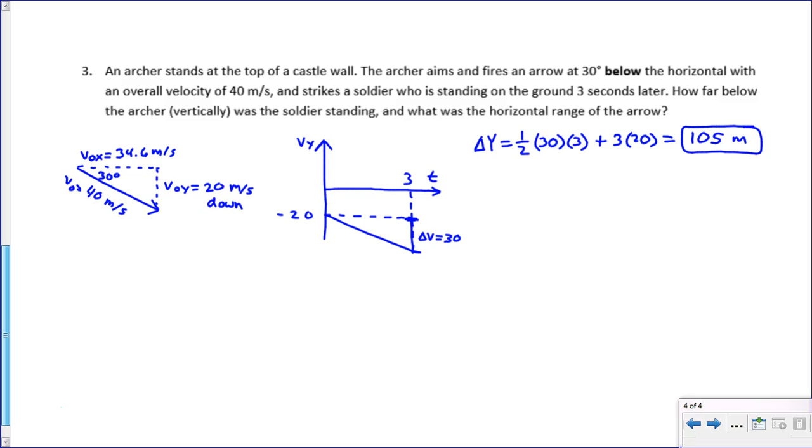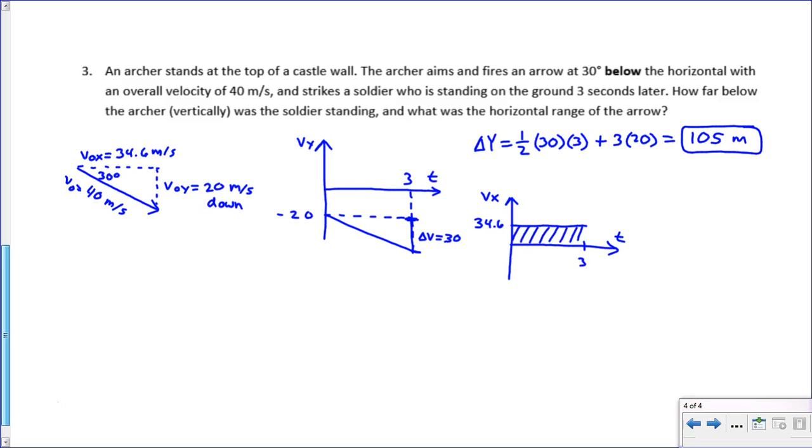To find the change in horizontal position, we need to make a Vx versus t graph. So I make a Vx versus t graph. Constant velocity in the x direction. I know it's going for 3 seconds. I also, from my triangle that I did back at the beginning, know that the x velocity is 34.6.